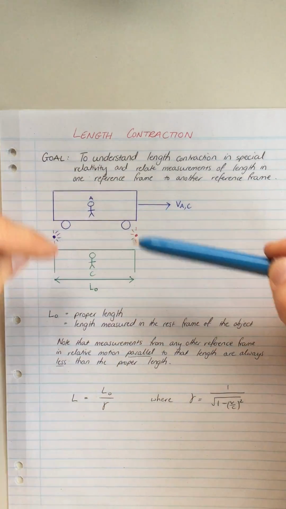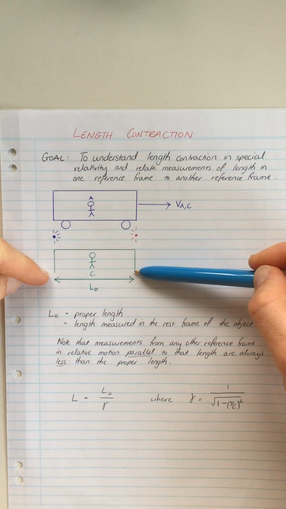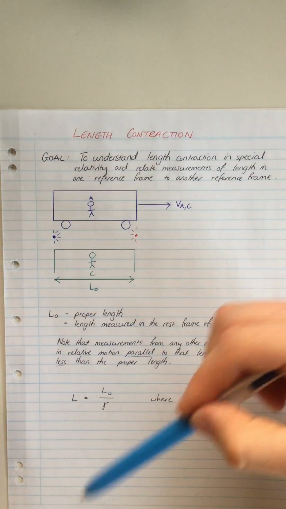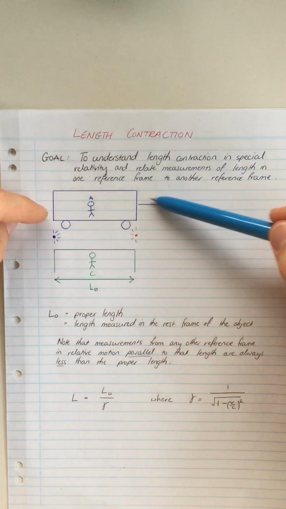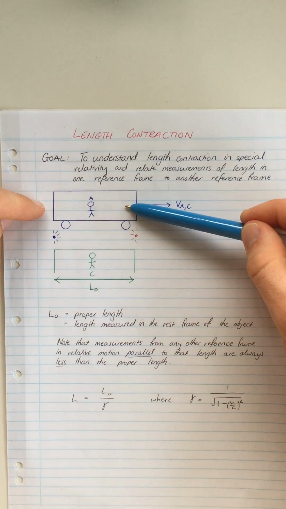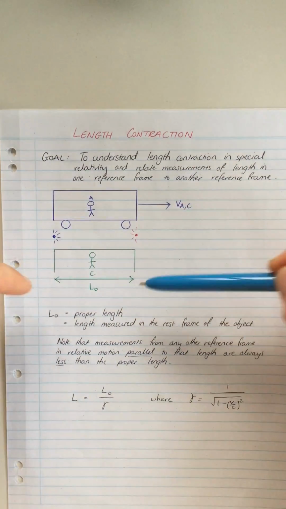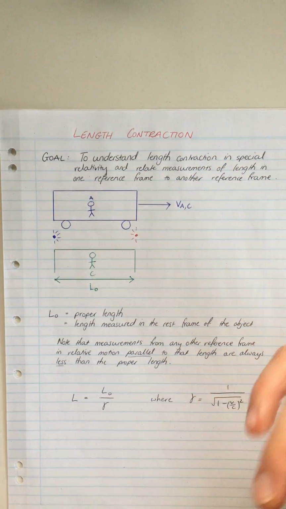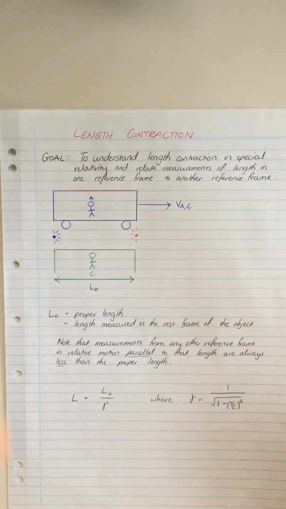So if this person's saying that the platform is shorter, so they're measuring a shorter distance, well then if we flip it and say, okay, now we want to measure the length of the train, so person A on the train will measure the length of the train, and person C on the platform will measure the length of the train. Who's being dilated here? How are these measurements going to compare? That's something for you to think about and perhaps find out more later.